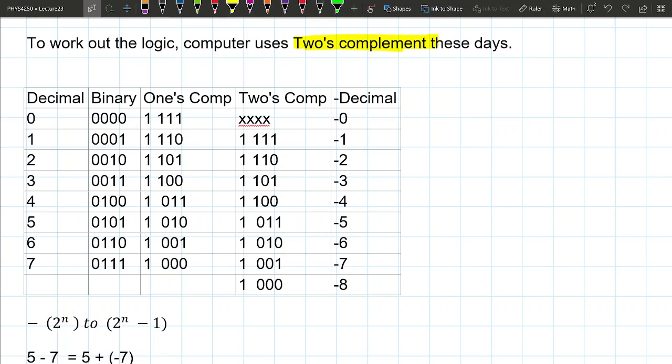Let's just get rid of that. There's no representation of -0, and all you do is shift this down. That's the pictorial way to think about it. Two's complement is the ones complement shifted down by one row, because you want to skip -0. You don't need two zeros.